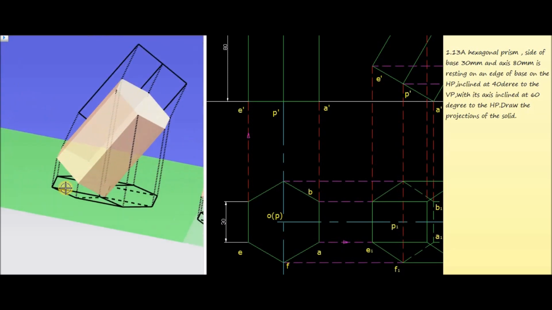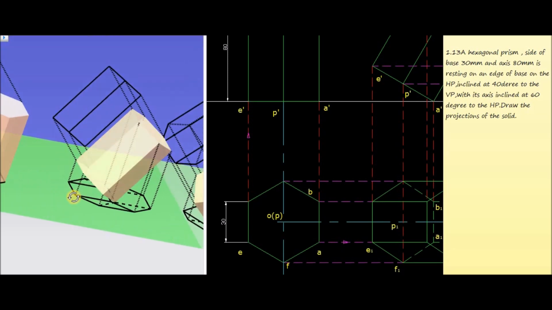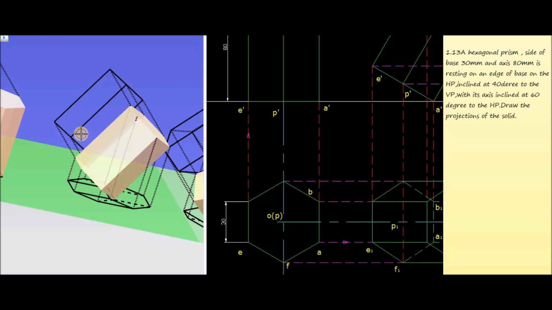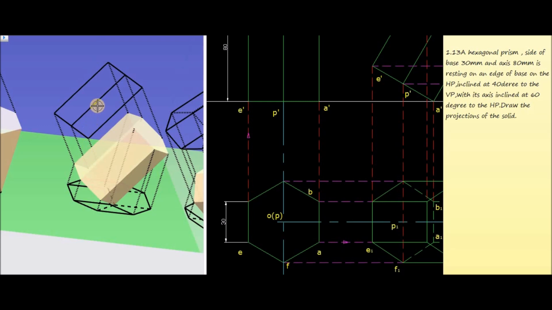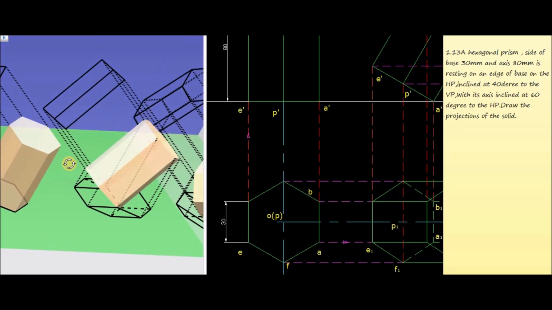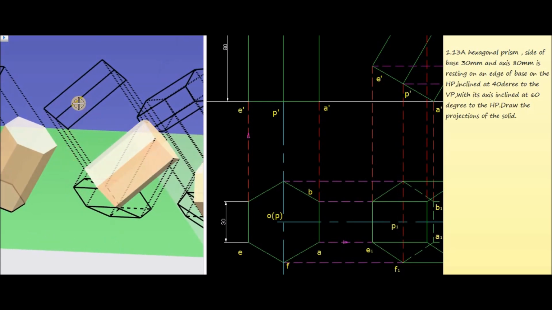Now in the second stage, this is the axis PO, and that axis makes an angle of 60 degrees to the horizontal plane. That is, the axis of this hexagonal prism makes 60 degrees with the horizontal plane.